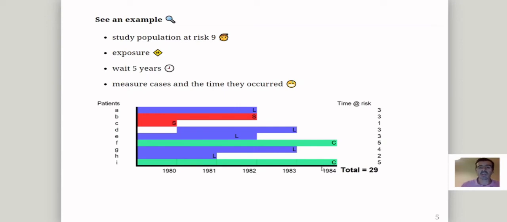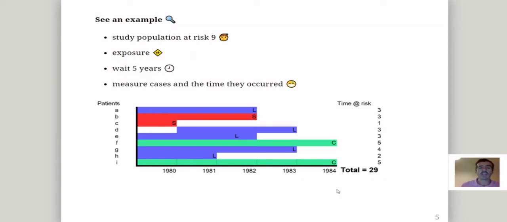So what we do in incidence rate is that we sum all the time at risk these kids contributed, which, if we sum this, is going to be 29. The formula was telling us that it's a ratio of the new cases divided by the total amount of time at risk.